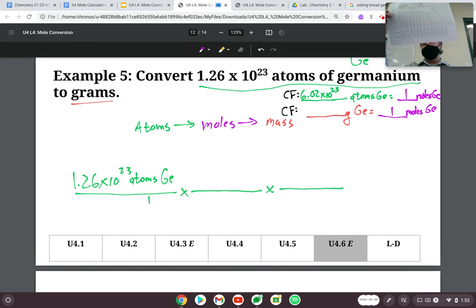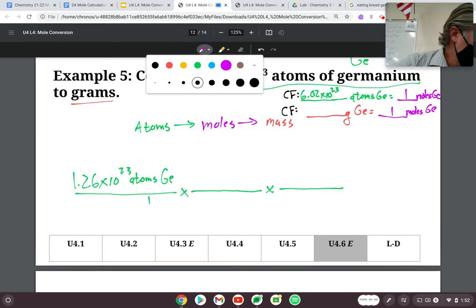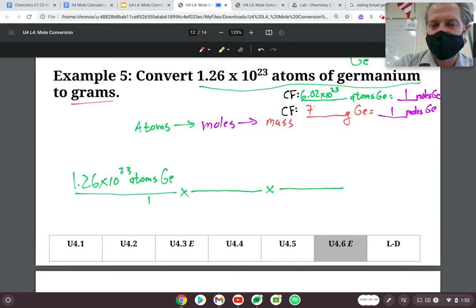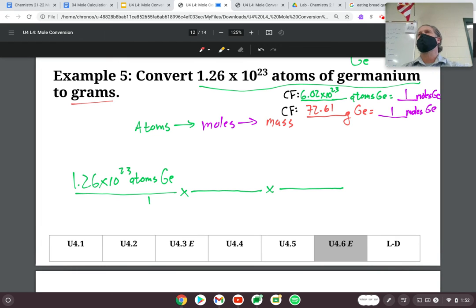So you might want to get out your periodic table and locate germanium, which happens to be, I think, element number 32. So element number 32 in the periodic table has a mass of 72.61 grams.